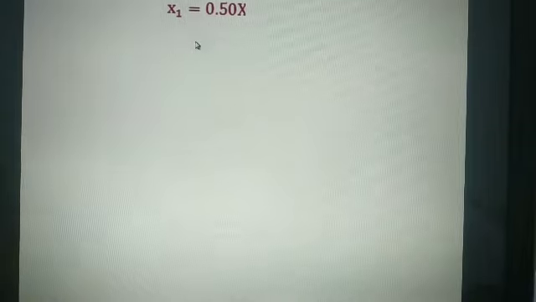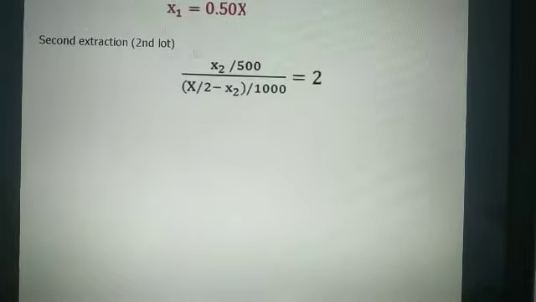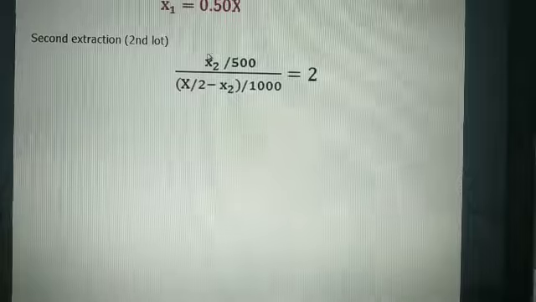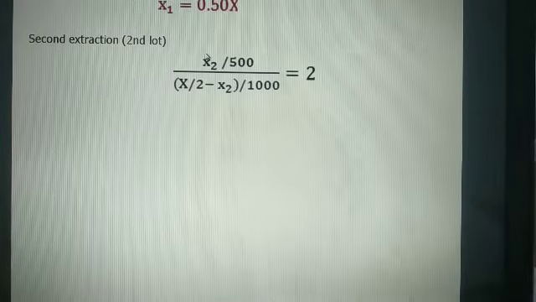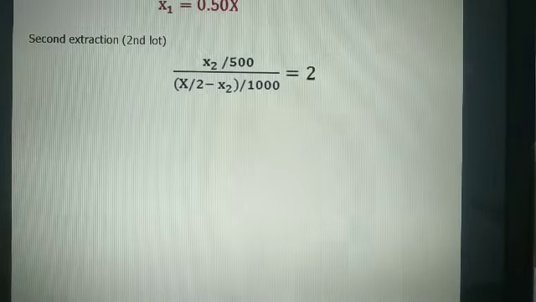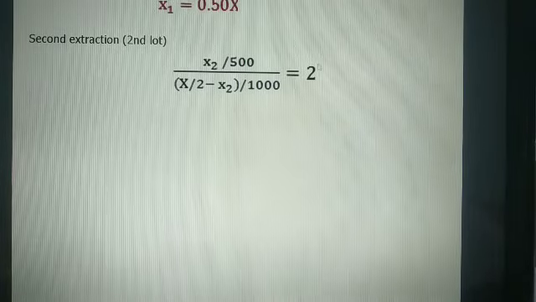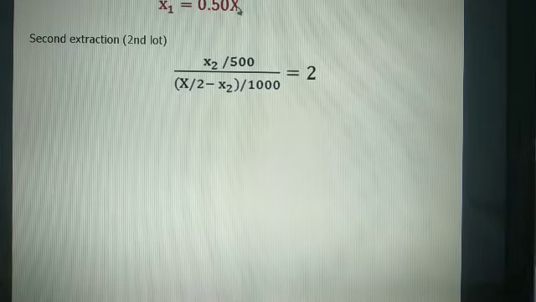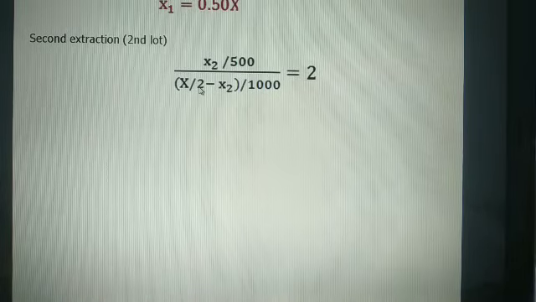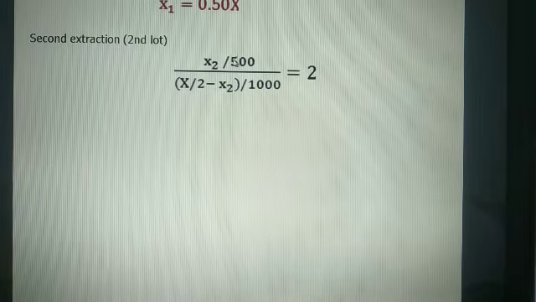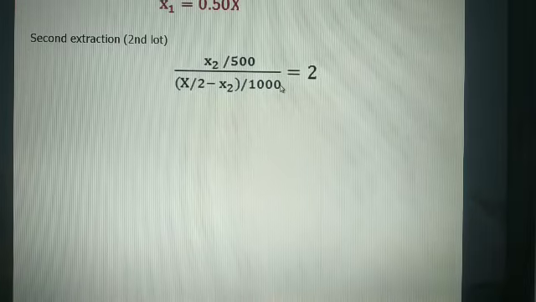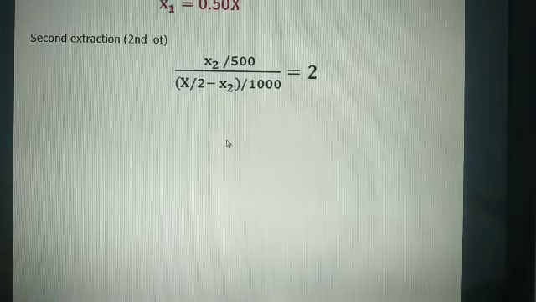Now 500 ml ether is again left because you have used only half the lot. So for the second extraction, I make a supposition that x2 is the amount that is being extracted by the other 500 ml lot. So x2 divided by 500, 50% is already extracted, so here instead of x, x/2 will be left in the water, and from that also x2 has passed into the ether layer. So x/2 minus x2 divided by 1000, now it is left in the water layer, that is equal to 2.